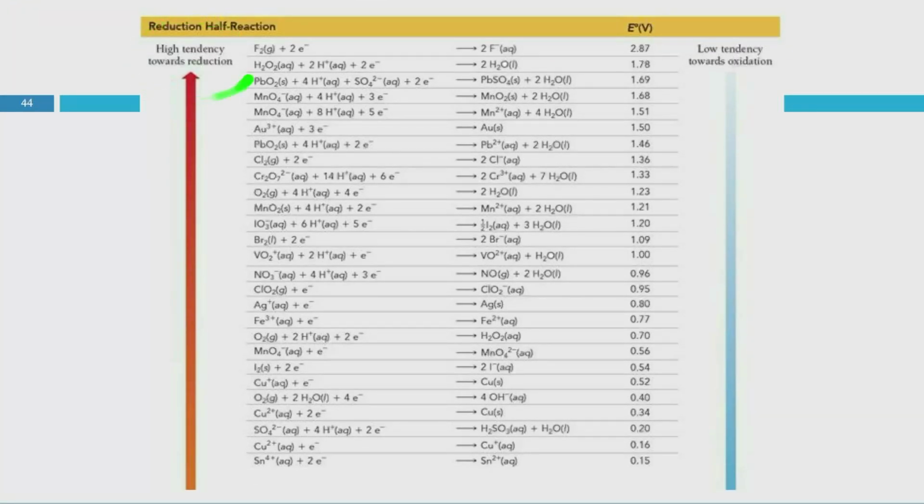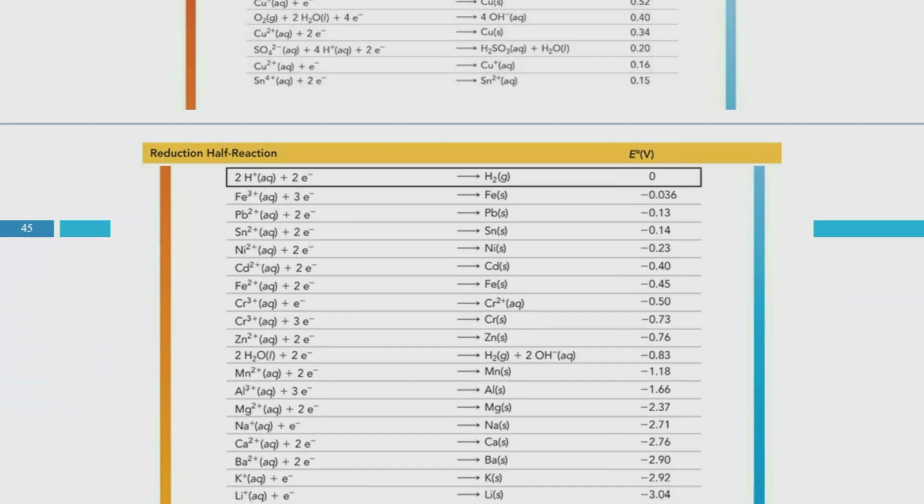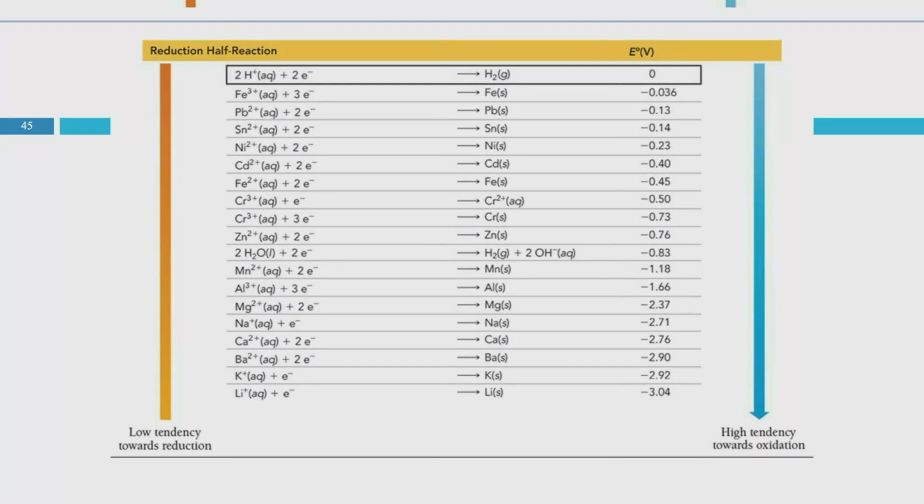We've got increased tendency towards gaining electrons as we're moving up this table. So these are all more likely to proceed in this direction. They've got positive E cell values. And then here's the other half of the table. So this is our hydrogen baseline, our reference point. Everything below this is more likely to lose electrons, a higher tendency towards oxidation.